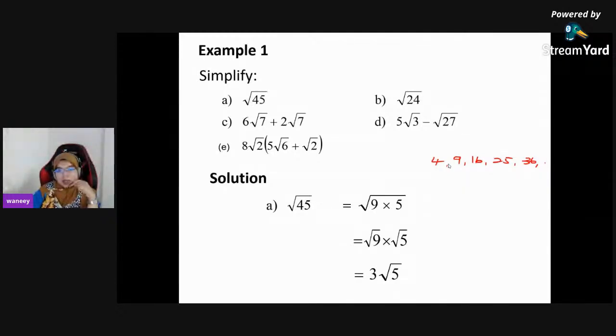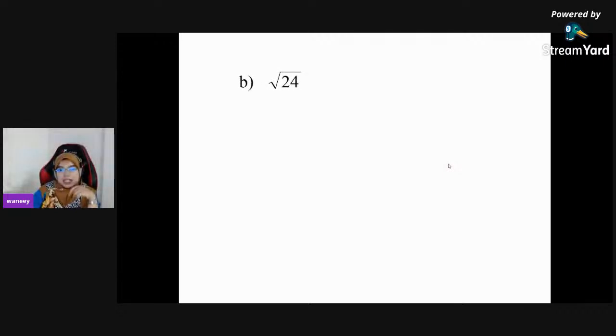And now the second one, square root of 24. Again, find whatever square number that you can. The square numbers, we have 4, 9, 16, 25, and so on. But let's see, 24 can be divided by 4, so this is okay.